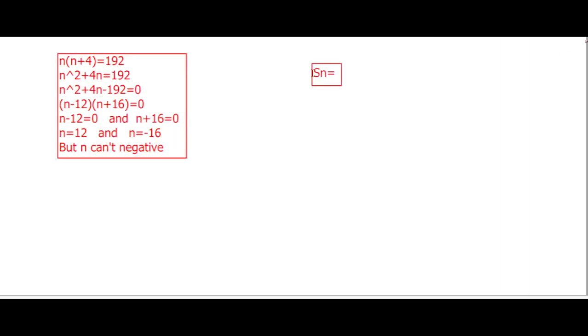Sn is equal to n over 2 times a1 plus an. What we want to find is n. 361 is equal to n over 2 times a1, the first term, we have 1, plus an, which is 1 plus n minus 1 times d. d, the common difference, we have 2. n minus 1 times 2.